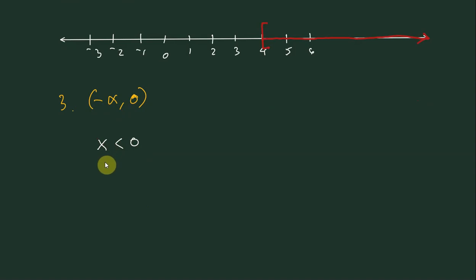So these are the values that are lesser than 0 all the way to negative infinity, and it does not include 0 because it is open here, right? Okay, so let's graph this.